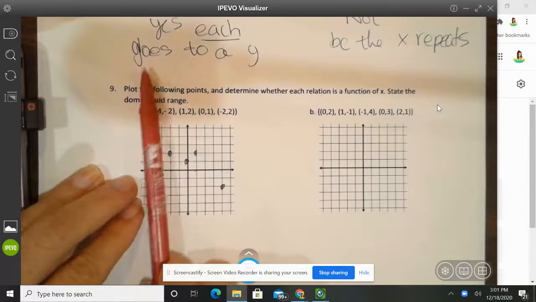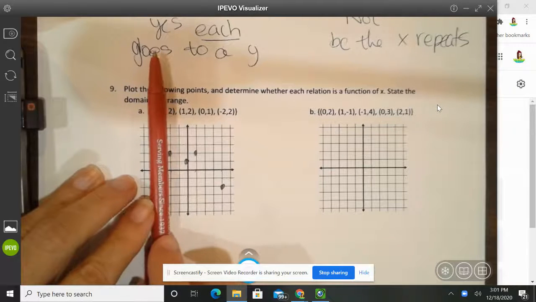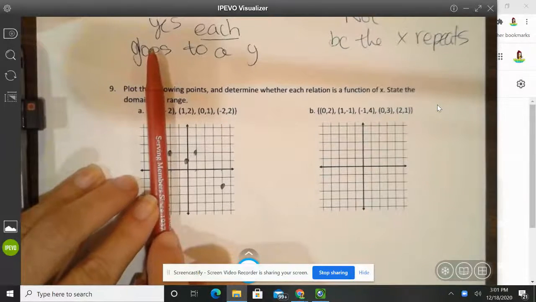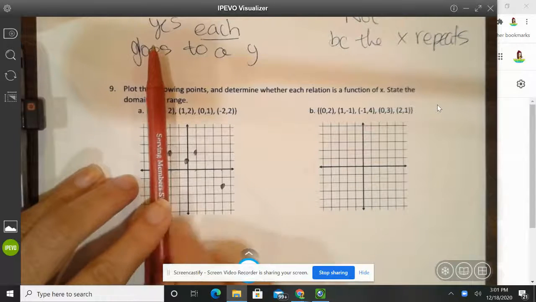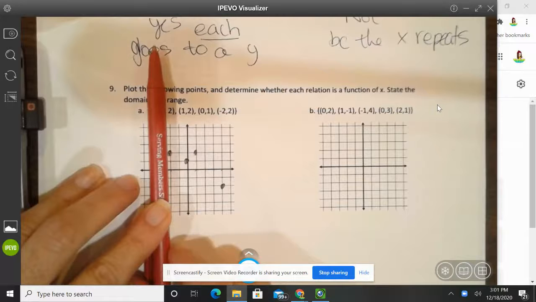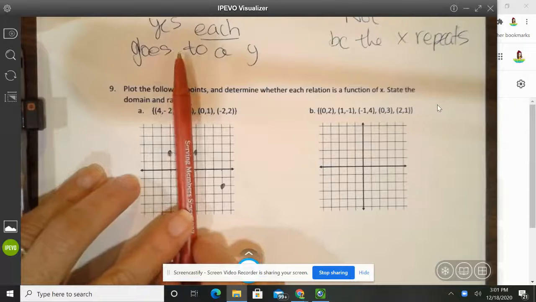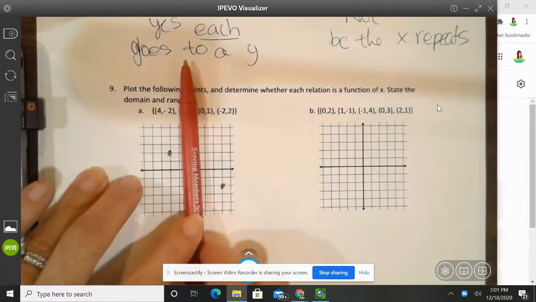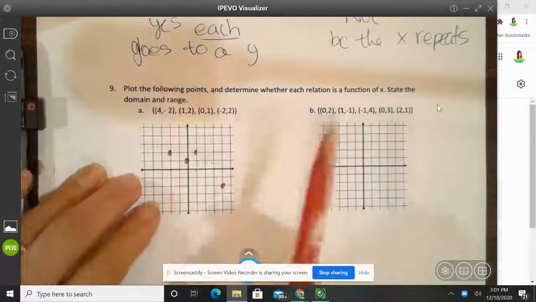It's called the vertical line test. If I use this straight vertical line and there was another point on the same line, that means the x's repeat, so those 2 points would have the same x. In this graph, nothing happens like that. Each point has 1 x. So this is a function.